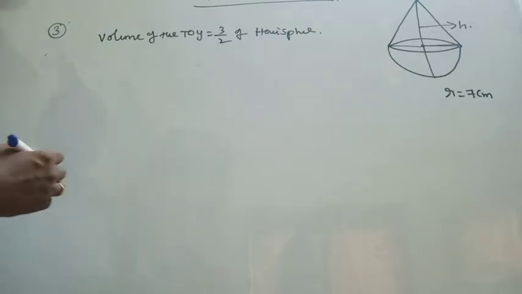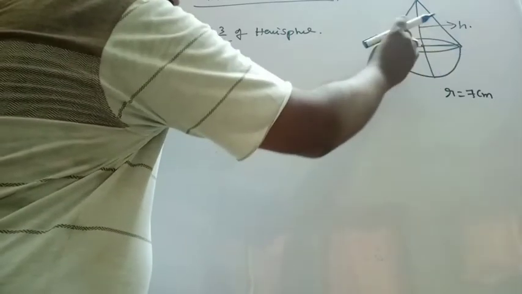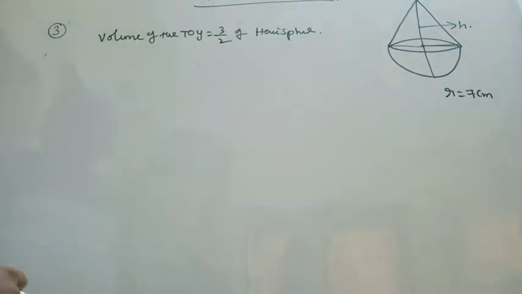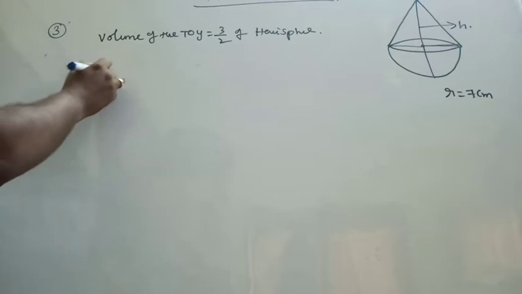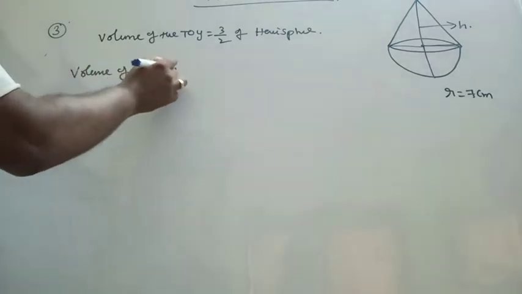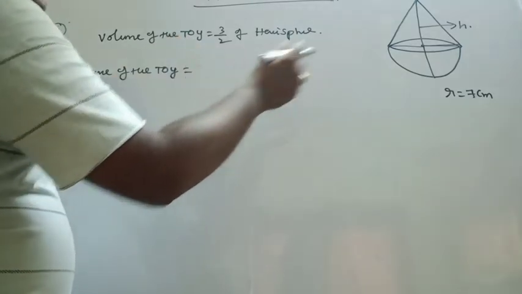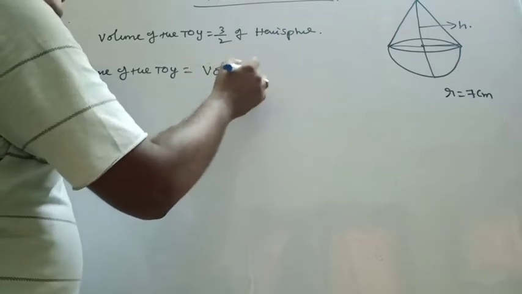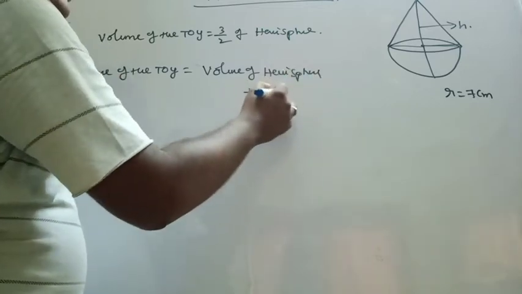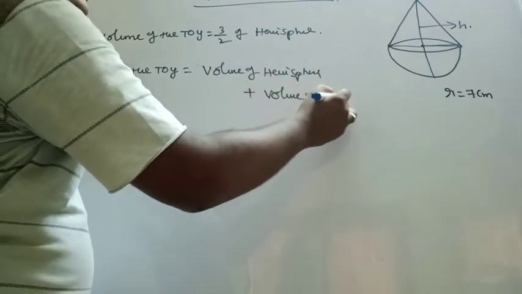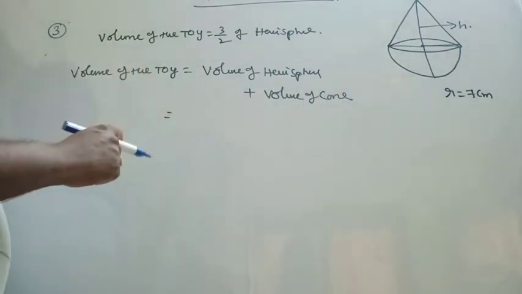How we will be doing this: the volume of the toy is the volume of the hemisphere and the volume of the cone, the total thing. Let us find the volume of the toy. It is the volume of the hemisphere plus the volume of the cone.